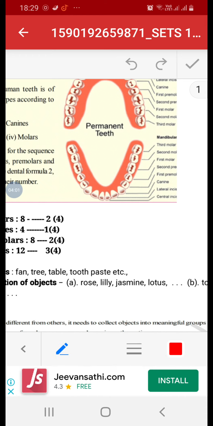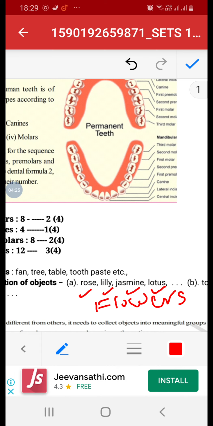For example, rose, lily, jasmine, lotus. When I read these names, automatically you might have understood that they all are indicating flowers. So they are flowers. Am I clear?